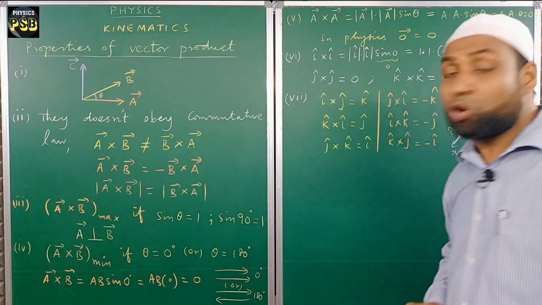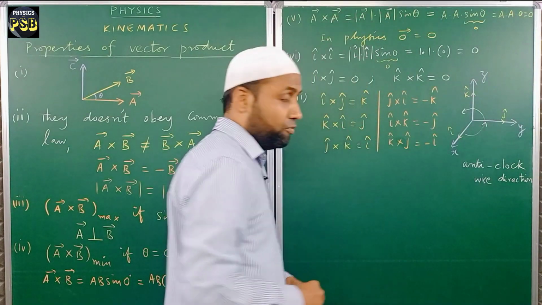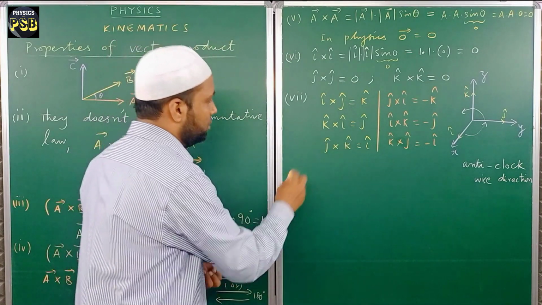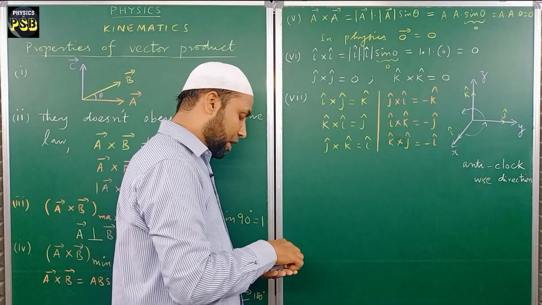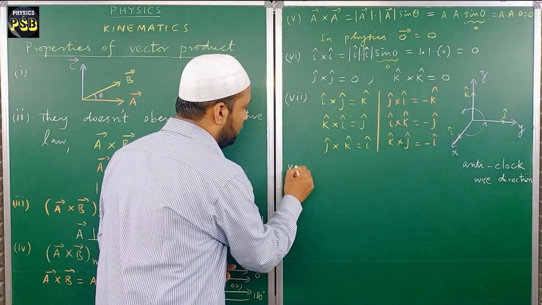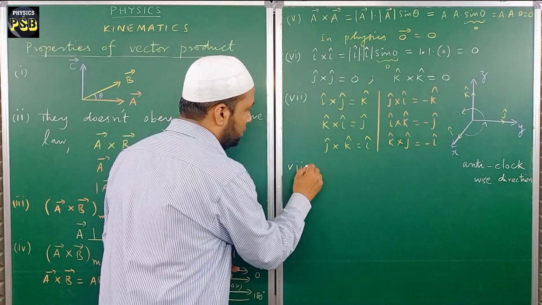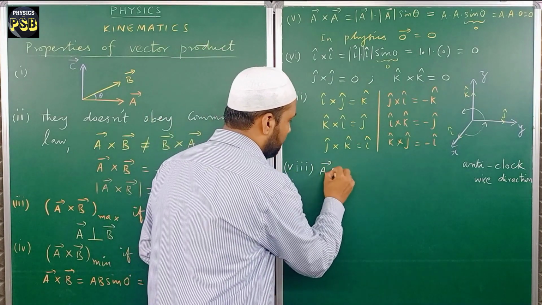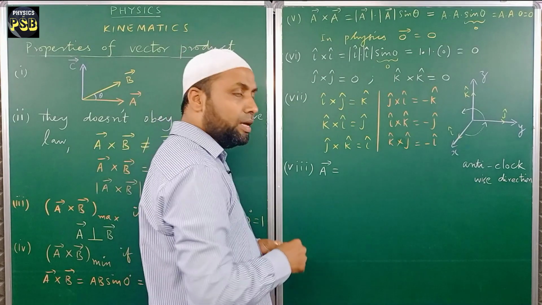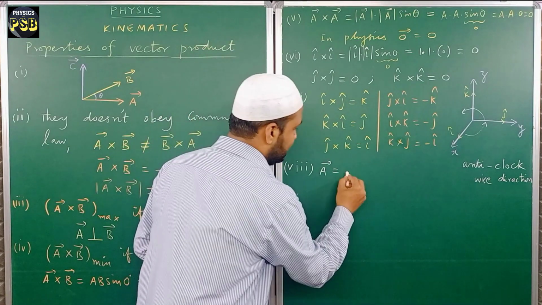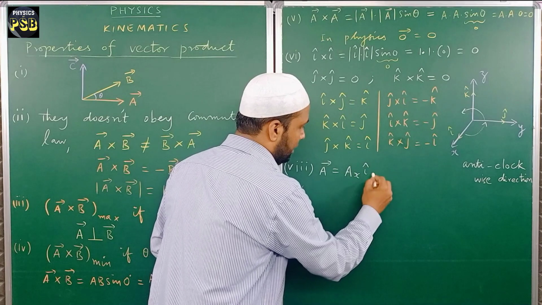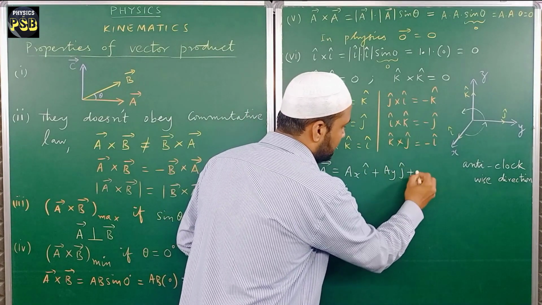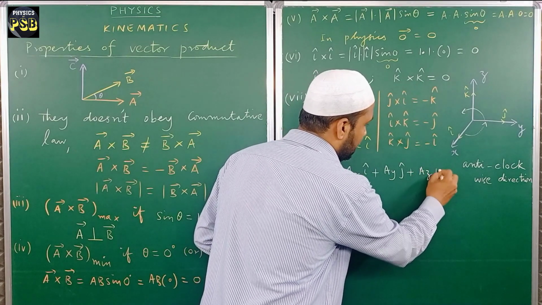Now let me give the cross product of the components of two vectors. Suppose I have vector A and vector B, and I want to find out the cross product of these two vectors. Then vector A is split into its components as ax i cap plus ay j cap plus az k cap.